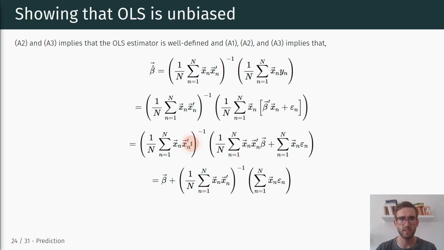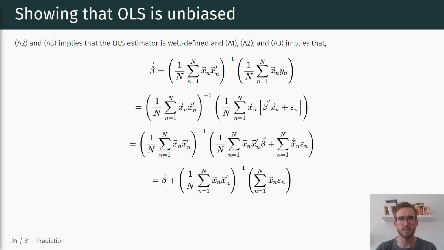If we look at the first part, we have 1 over n, sum over n equals 1 through n, x_n x_n prime inverse, times 1 over n, sum over n equals 1 through n, x_n x_n prime, times the beta vector, right? So the important thing to note here is that this part and this part cancel out, so this and this are equivalent. So this cancels out, and we're left with the beta vector, which is right here.